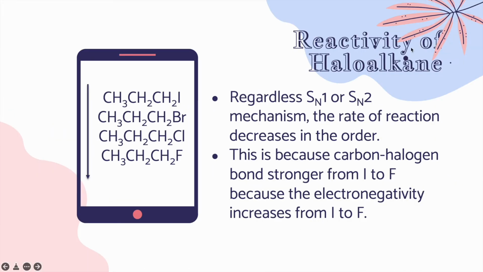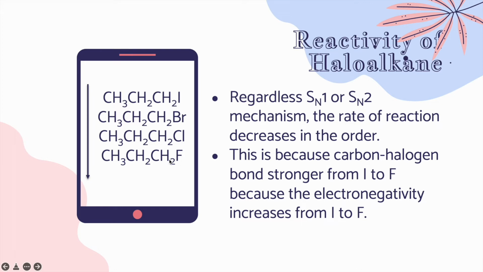Next, we look at the reactivity of haloalkane. Regardless of SN1 or SN2, the rate of reaction decreases in this order. This is because the carbon-halogen bond gets stronger from iodine to fluorine, because electronegativity increases from I to F. F has the highest electronegativity, which means the carbon-fluorine bond is strong.